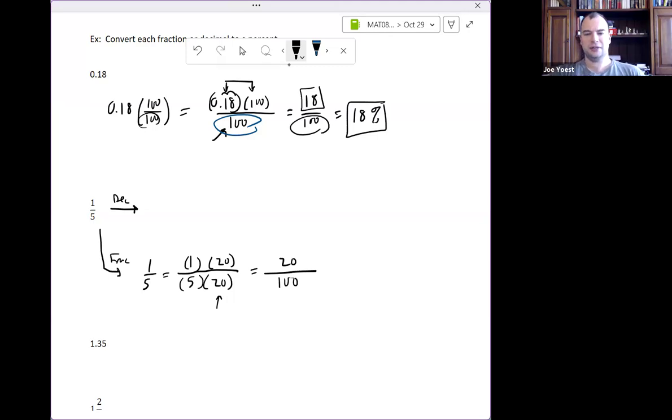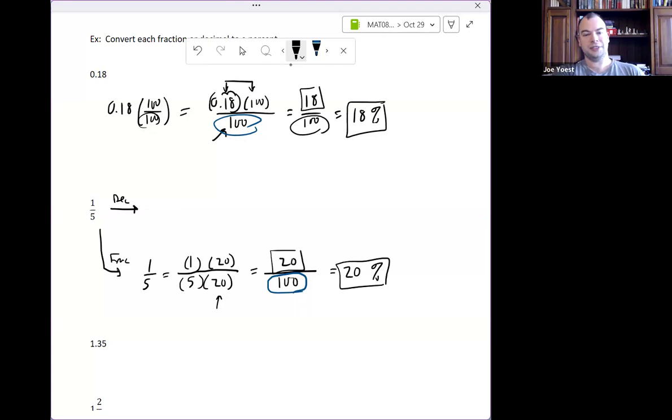Again, I don't want to go and simplify now. I unsimplified on purpose because I need this 100 in the denominator. Now I see that the 100 in the denominator can turn into the percent sign. And 20 hundredths is 20%.